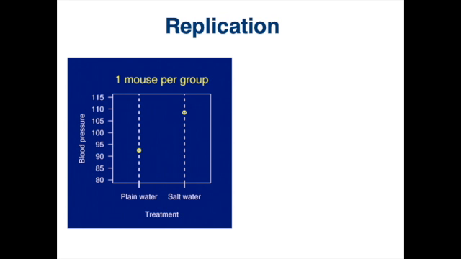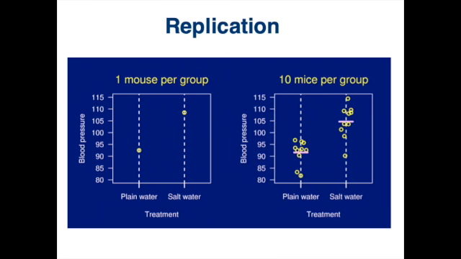Now, replication is very important too. Maybe you test one mouse drinking salt water and one mouse drinking plain water. What that fails to recognize is that one mouse is very unlikely to be representative of the entire population. In a real experiment, what you might see is that mice drinking plain water have variable blood pressure.